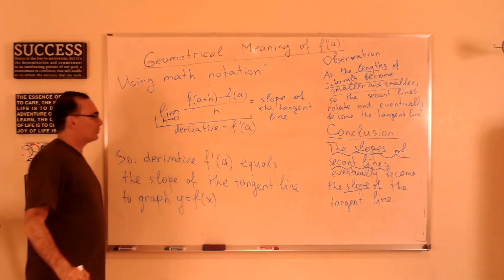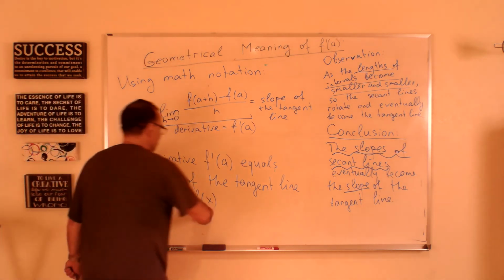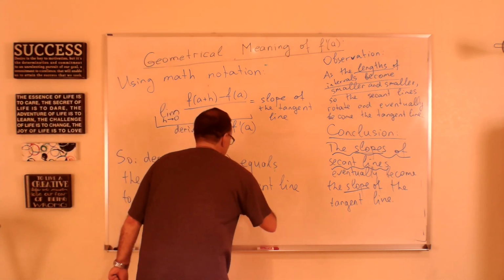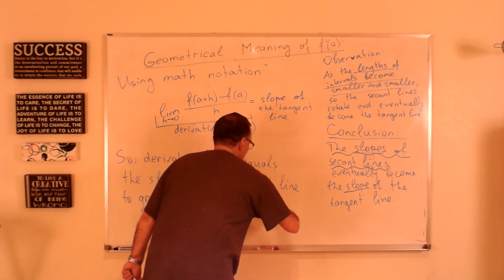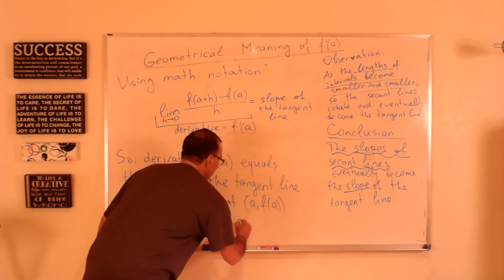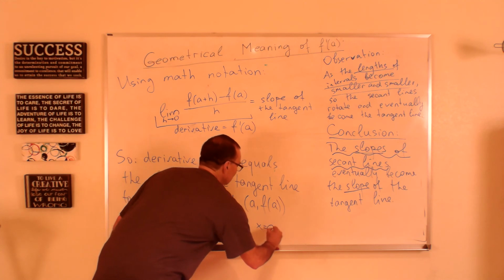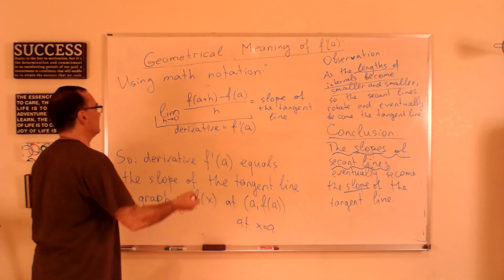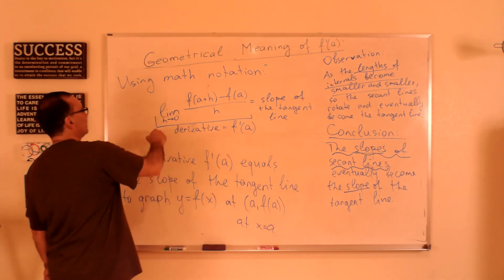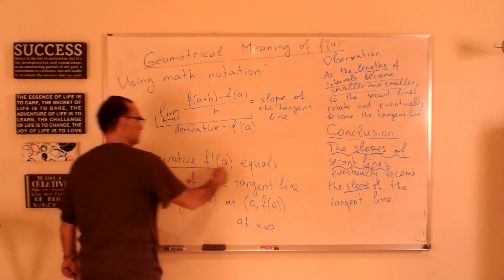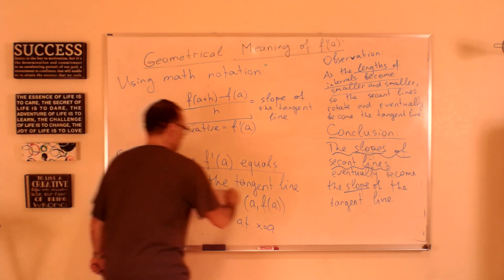And if we want to be more precise, we can express at what point. It was at the point a, f of a, or sometimes we just say at x equals a. So here's the geometrical meaning of the derivative: the derivative equals the slope of the tangent line.